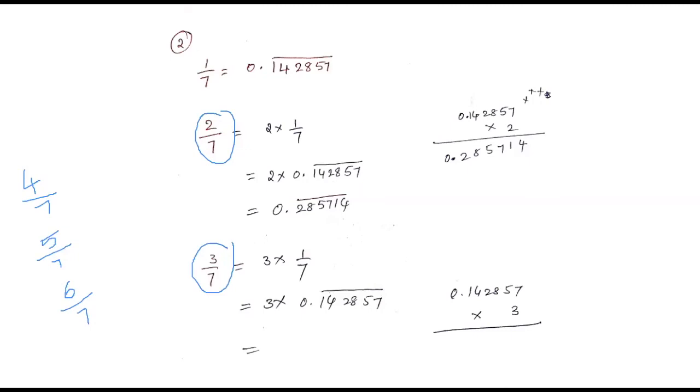Very good. One done, second. So we got till 6 by 7. Yeah, sir, completed till 6 by 7.